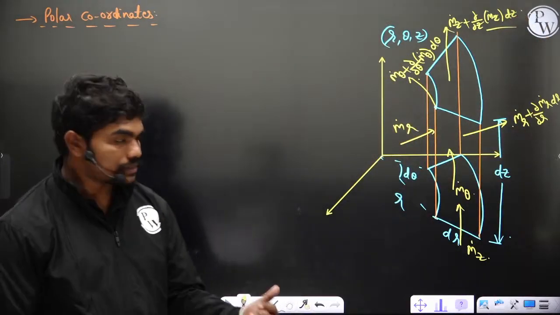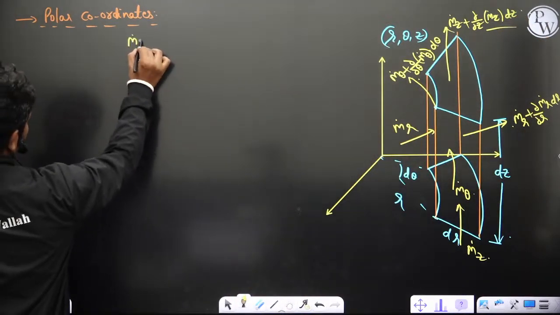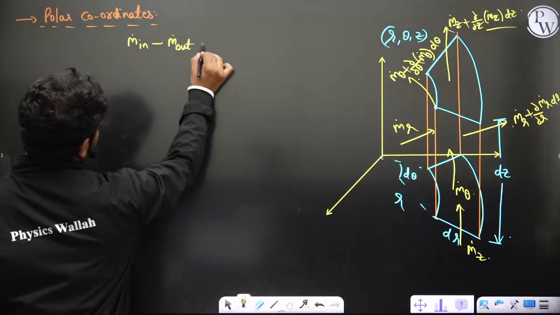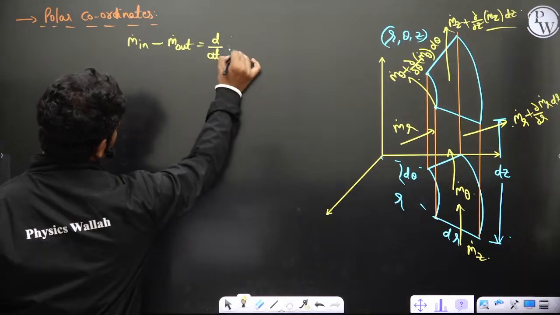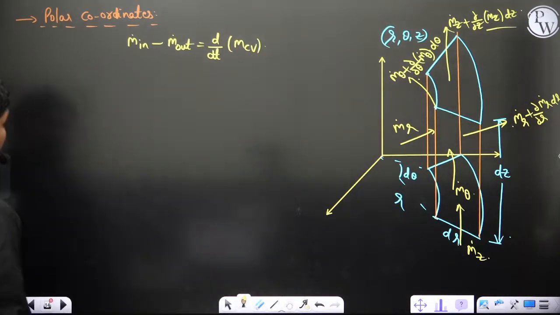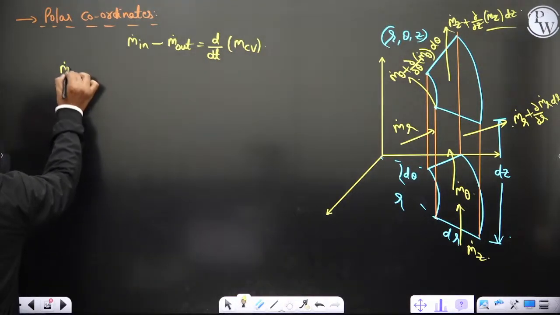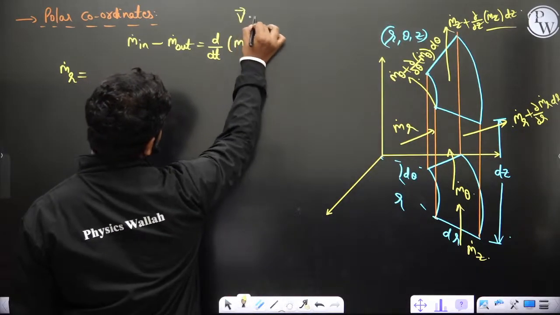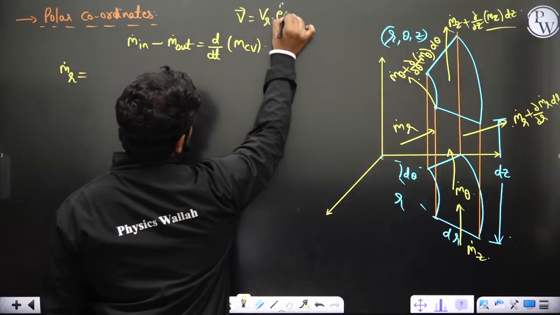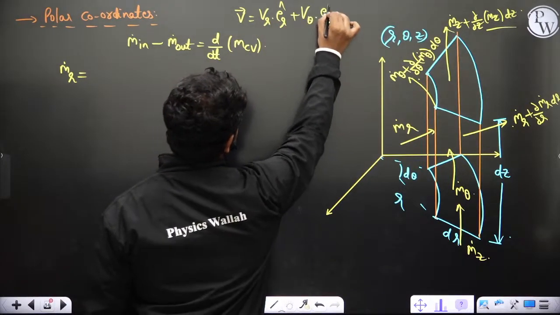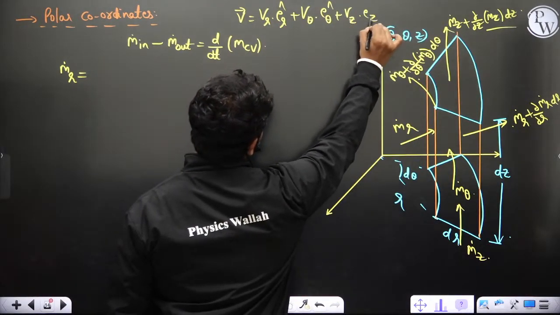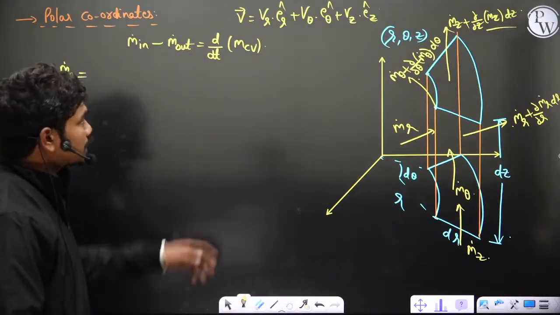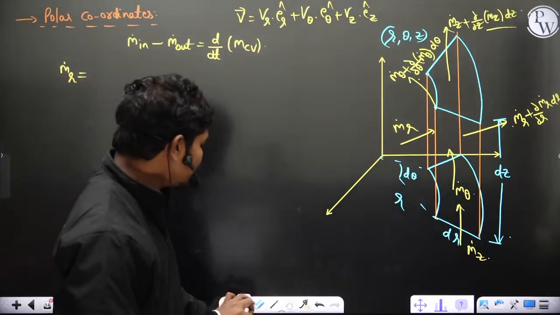Now again, the same point: ṁ in minus ṁ out is equal to the rate of change in the mass of this small elemental volume. Now what would be the radial outlet? Let us suppose at this point the velocity is vr er cap plus vθ eθ cap plus vz ez cap. So in a flow at a particular point in a polar flow, basically we have vr er cap plus vθ eθ cap plus vz ez cap.